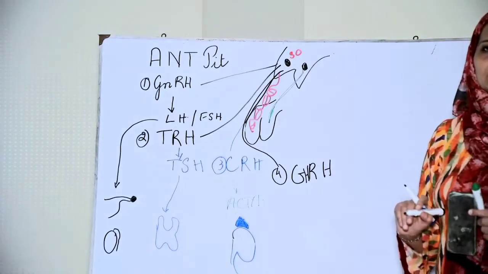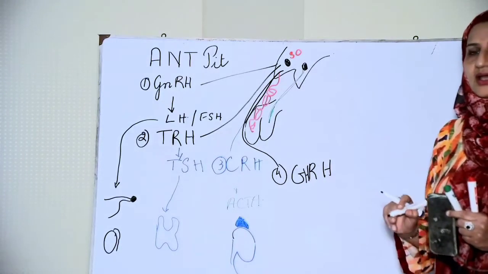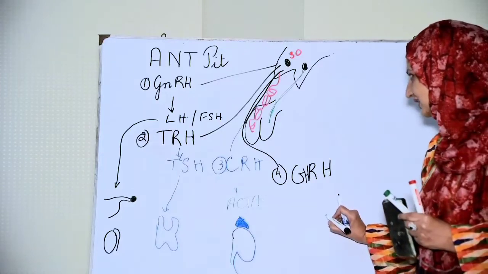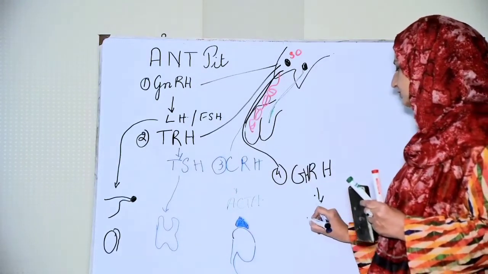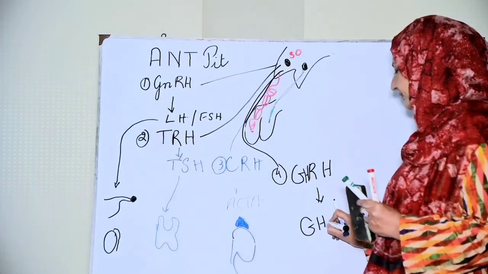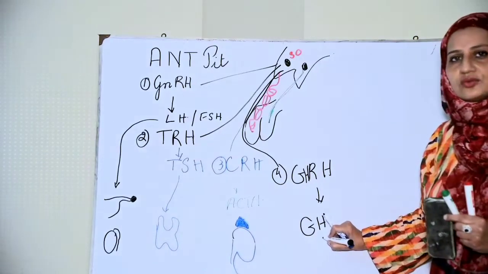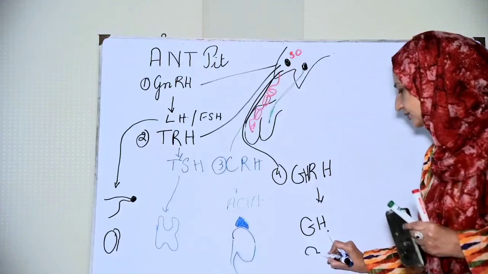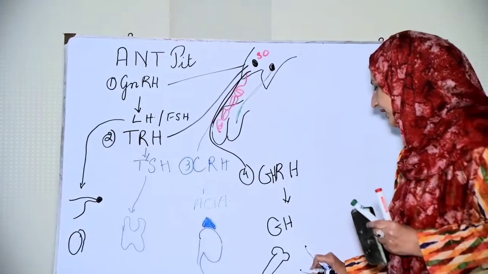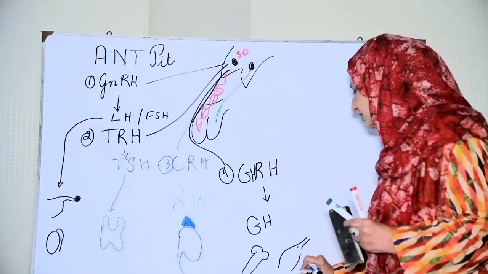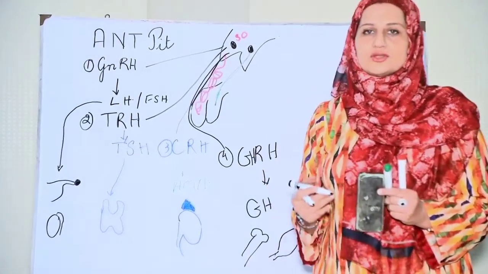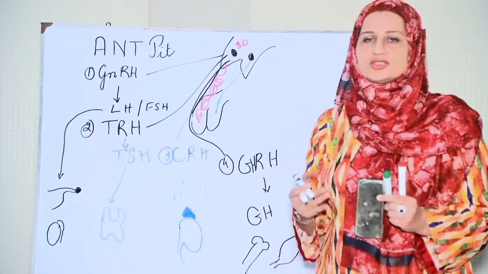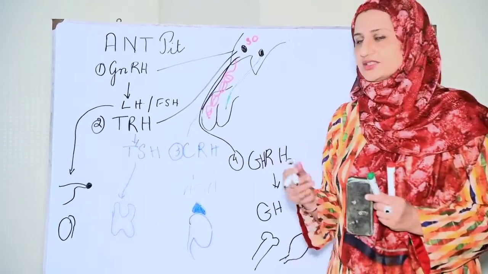Growth hormone releasing hormone affects the anterior pituitary to result in the formation of growth hormone and then this growth hormone affects the bones and the muscle tissue, resulting in growth of both of these, and this is how you see an individual grow up. That is why it is known as growth hormone.